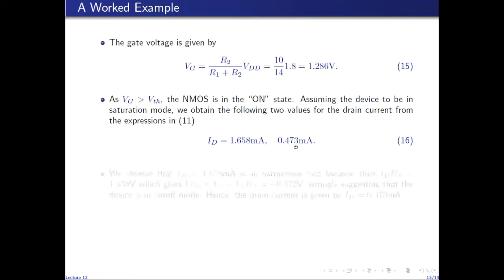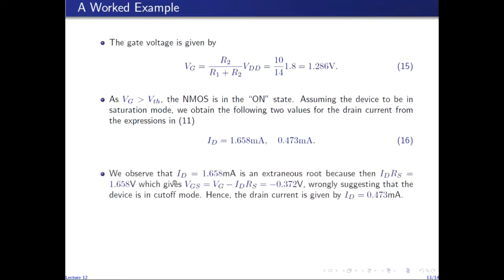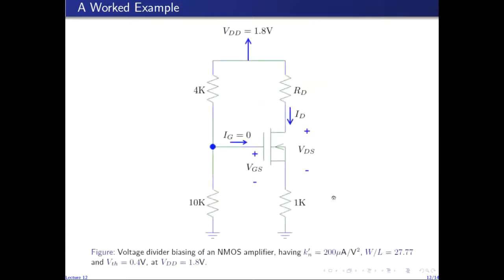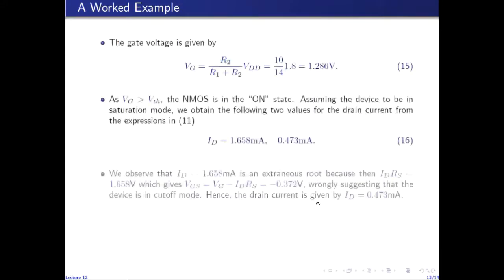We can find the extraneous root by observing that if I consider ID to be 1.658 milliamperes, then the product ID RS, because RS is 1 kilo ohm, comes out to be 1.658 volts, which gives VGS, equal to VG minus ID RS, to be equal to minus 0.372 volts.